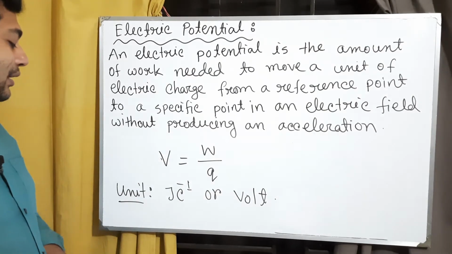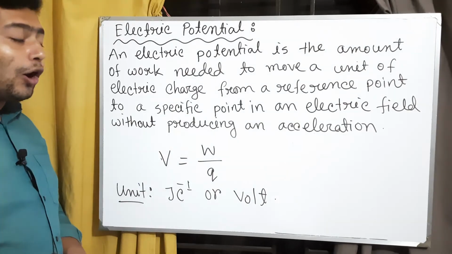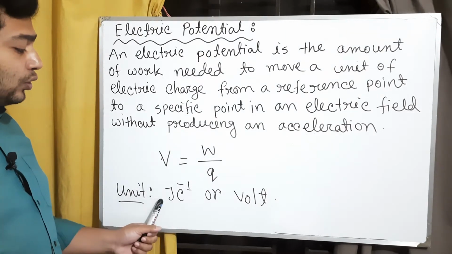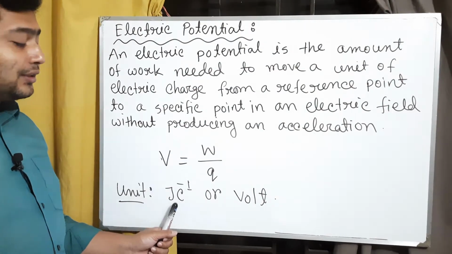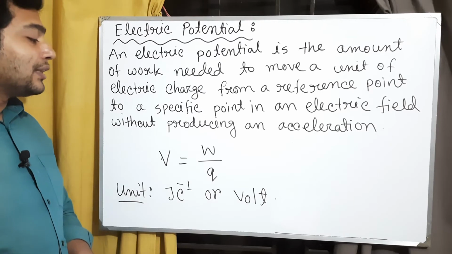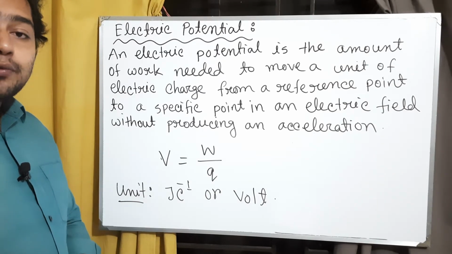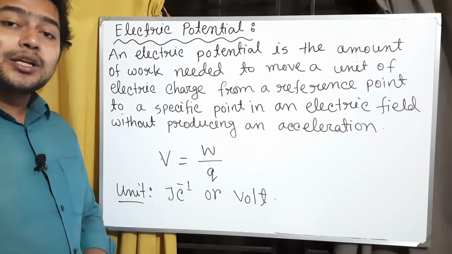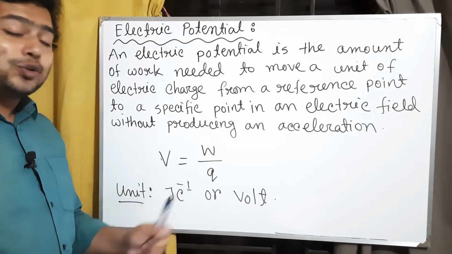The unit of electric potential is joule per coulomb. We know that the unit of work done is joule and the unit of charge is coulomb.